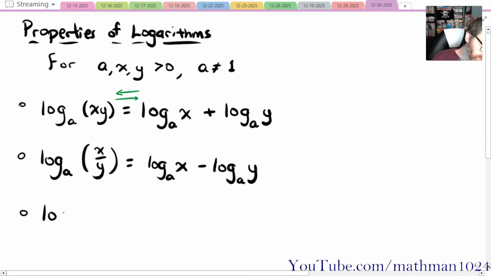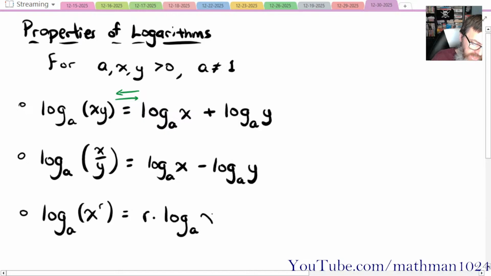The other one is this. Log base a of x to a power gets rewritten as r times log base a of x. So for that power, we just bring it out in front. Now, how do we use these guys?